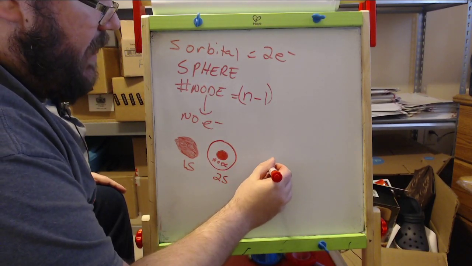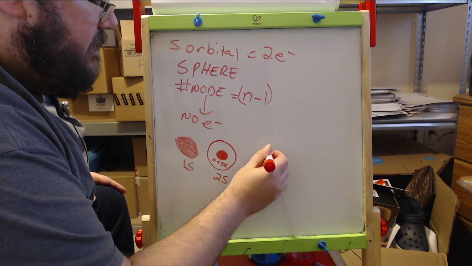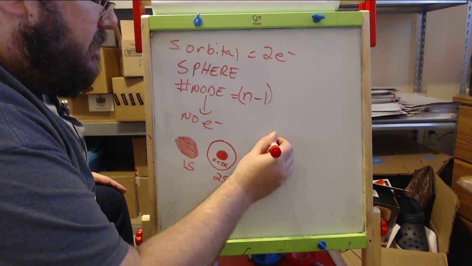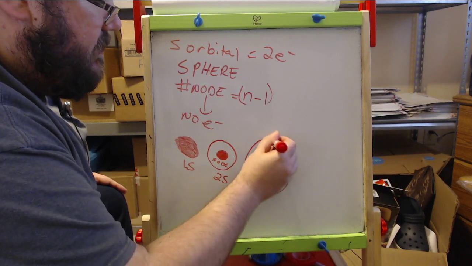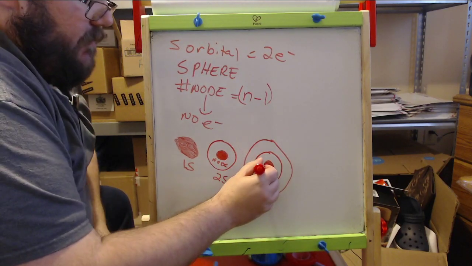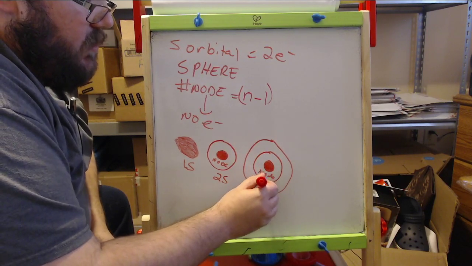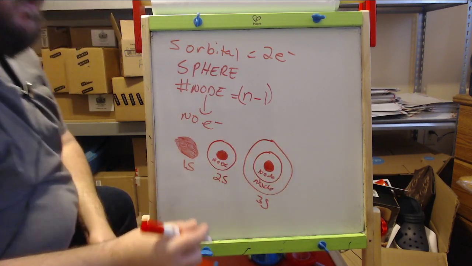Move on to the 3s. We have this, and then this, and then this. And I have 2 nodes now. An area here where I won't find electrons, an area here I won't find electrons.